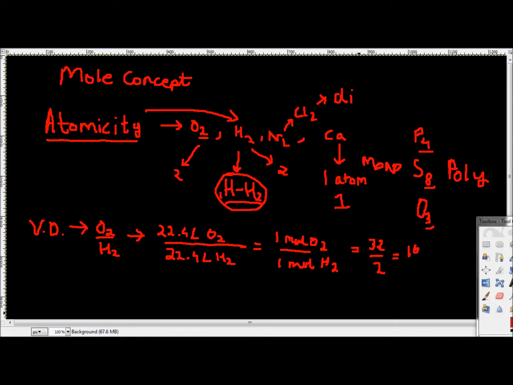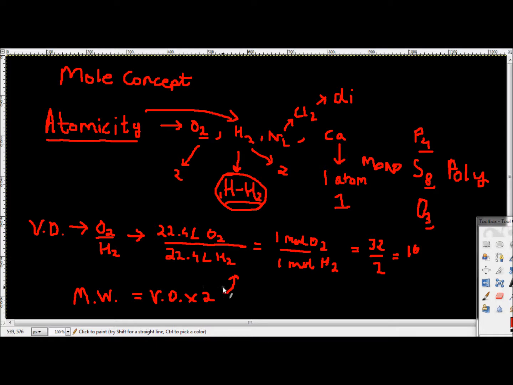Now a formula that'll come of use to you later in the chapter, you'll see, is, I'm gonna write it here. Molecular weight MW is equal to VD, which is vapor density, into 2. Now let's just verify this formula using the above example.